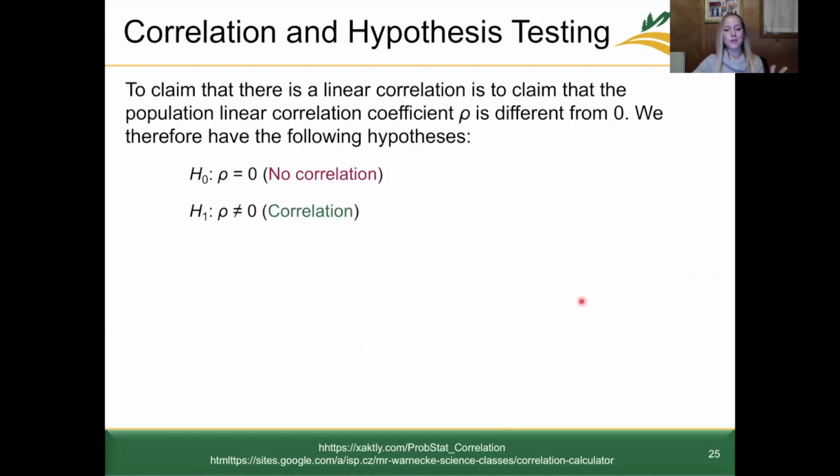I want to give you a little bit more background on these possible values for rho and for r. Remember, these both describe a linear correlation coefficient, either for a sample or for a population. So in case you're wondering why we say that rho equal to 0 means we have no correlation, and then rho not equaling 0 means we have a correlation, let me show you these figures. So here on this scale, you see 0 means we have no correlation at all.